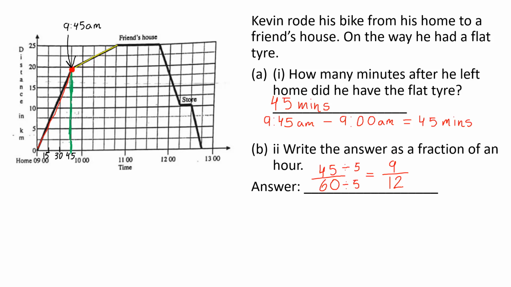Is 9 over 12 in simplest form? No, sir. What number can go into 9 and 12? 3. Good. So we're going to divide top and bottom by 3. 9 divided by 3 is 3, and 12 divided by 3 is 4.